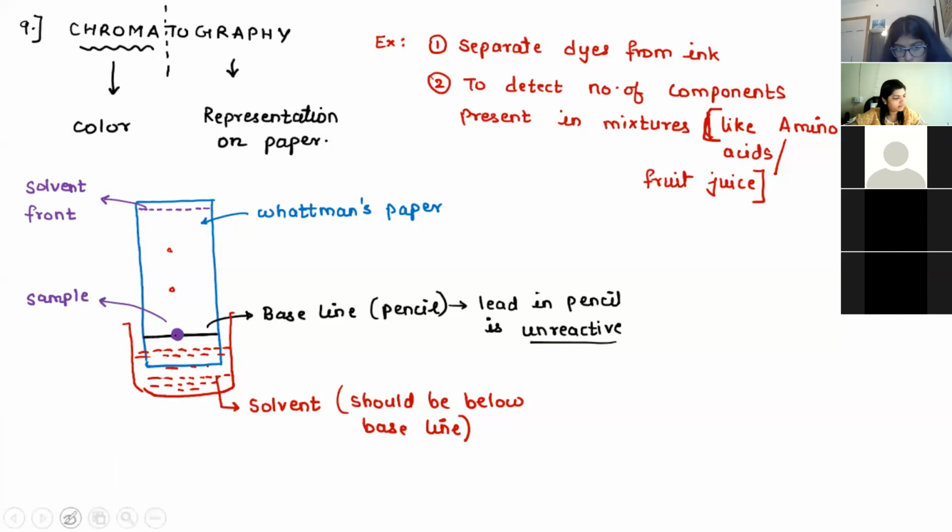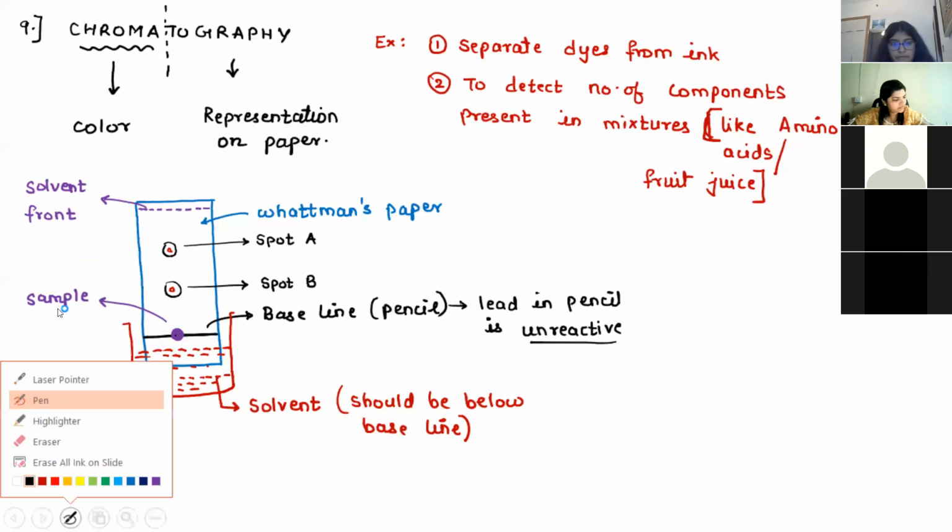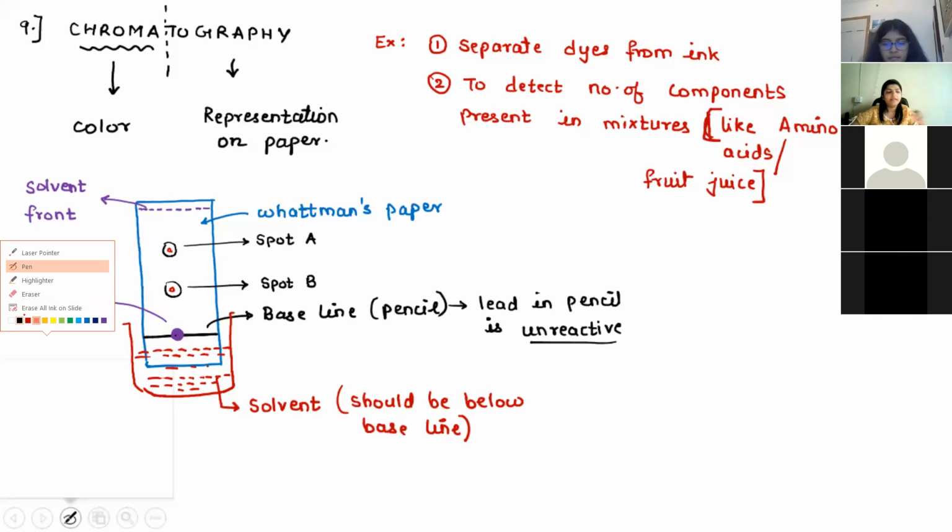So let's say this is spot A, and this is spot B. Then what you have to do is, how to know which is spot A and which is spot B?